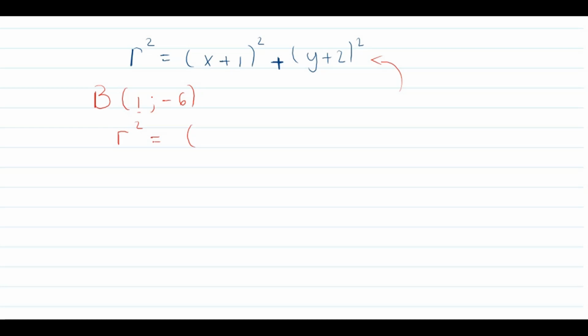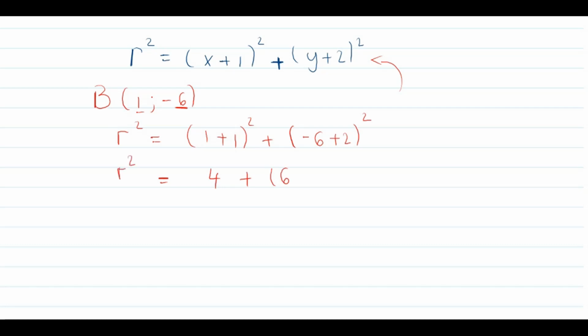So what is our r squared? 1 plus 1 is 2, all squared is 4, plus negative 6 plus 2 is negative 4, and negative 4 all squared is positive 16. So r squared is equal to 20.